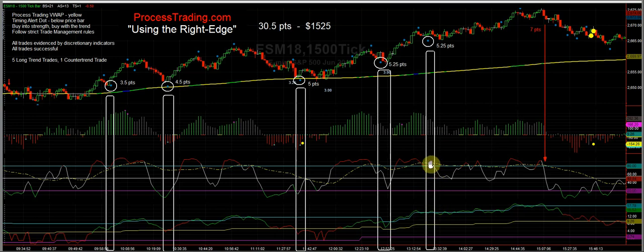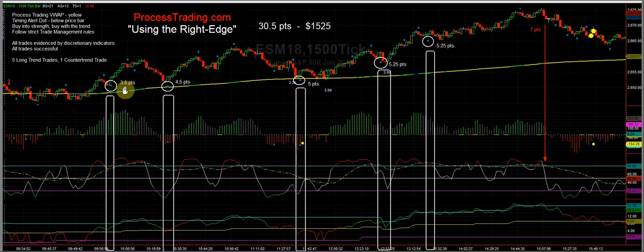So all the sentiment and the trend, both the short-term and long-term trend, are to the upside. And again, this would, using trade management, be another successful trade for 5.5 points.